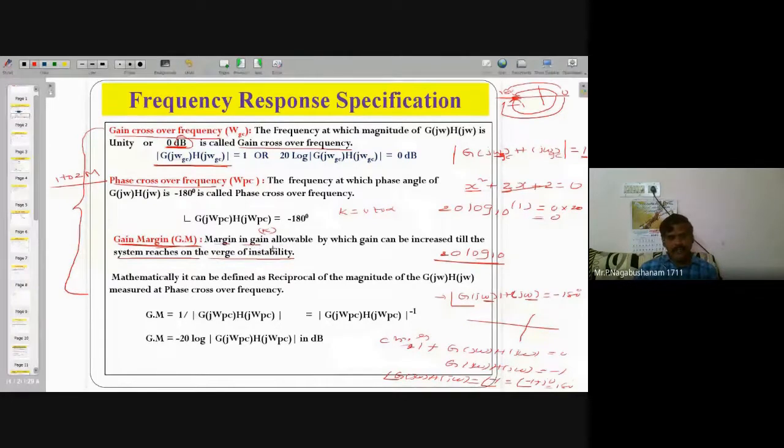Gain margin is allowable gain K. Allowable means we can increase the gain K until the system reaches the verge of instability, the margin of unstable. Otherwise, the system reaches the unstable region. But mathematically, gain margin can be defined as a reciprocal.